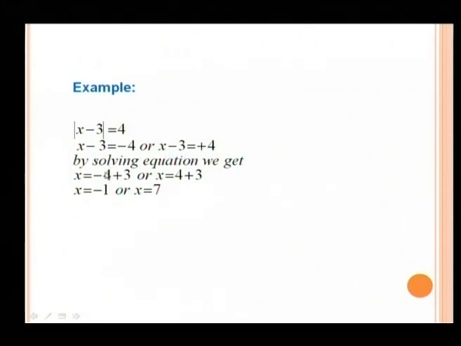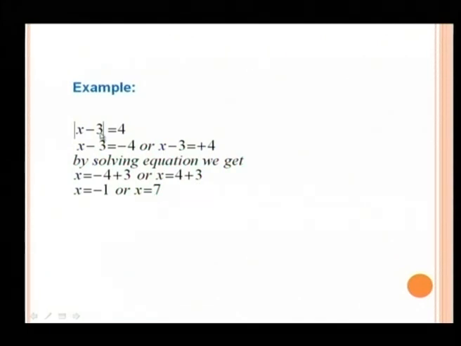Now by solving these equations, we get x = -4 + 3 for the first case, and for the second case, x = 4 + 3. Then by further solving, we get x = -1, or for the second case, x = 7.